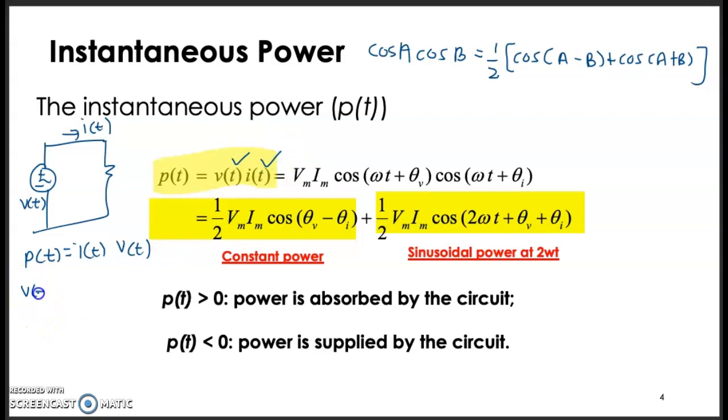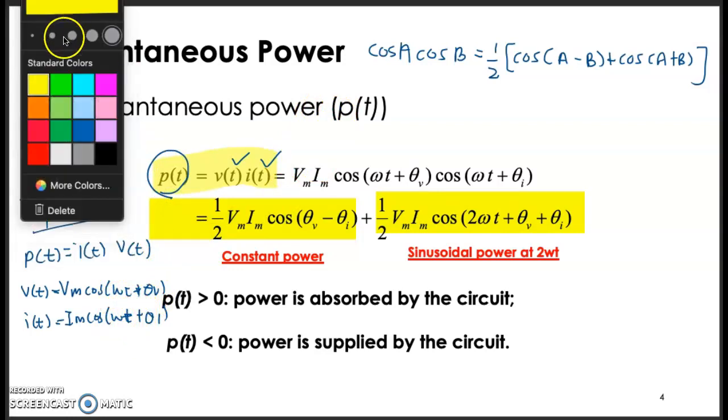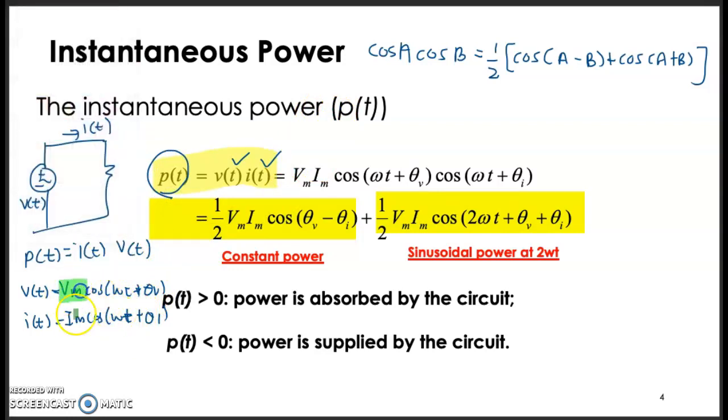You know that v(t) is equal to Vm cosine of omega t plus theta V, and i(t) is equal to Im, the peak amplitude, cosine of omega t plus theta I. To calculate the instantaneous power, you just multiply them together. The constants, Vm multiplied by Im, are taken together, and the cosine and cosine you multiply together.